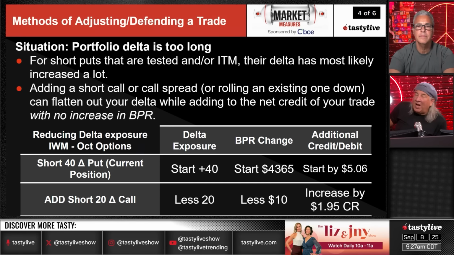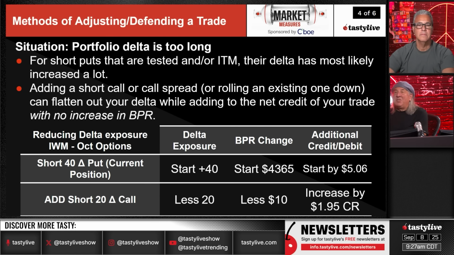It doesn't require any additional capital, and by taking an additional credit, it will give you some additional buying power. Yeah, but it's a small amount of buying power, right? I mean, it's a small amount.